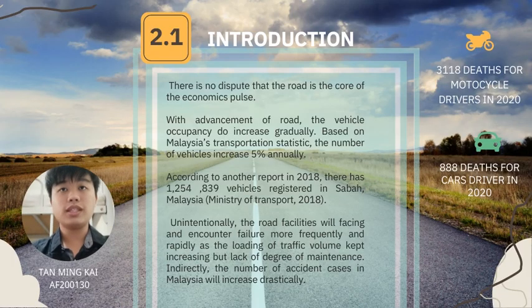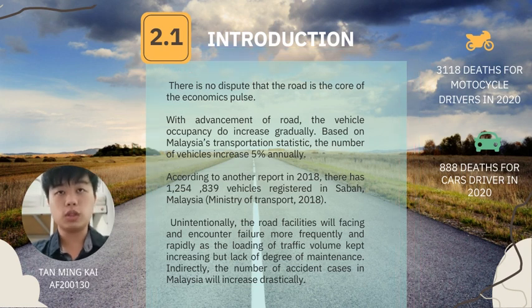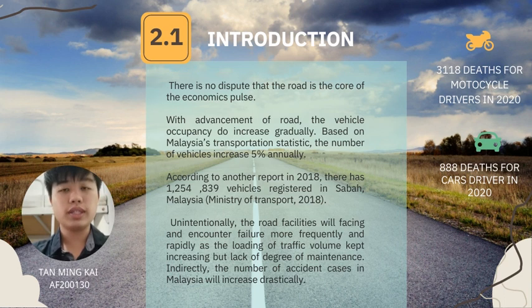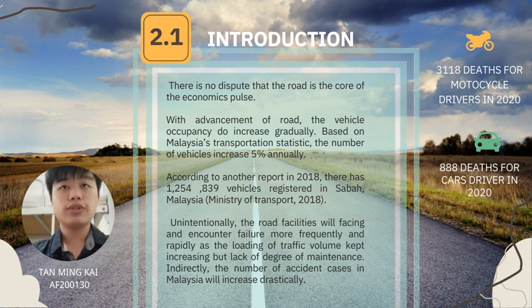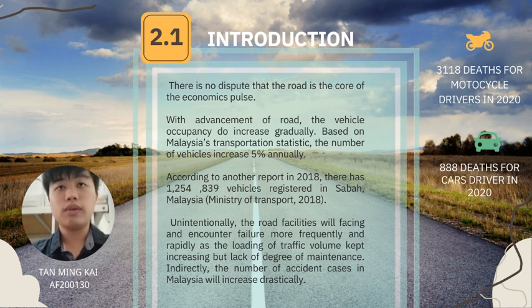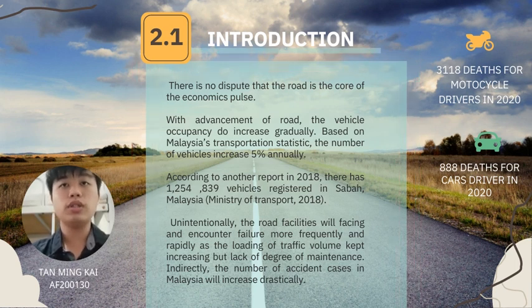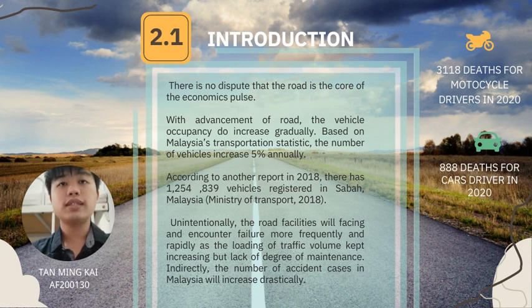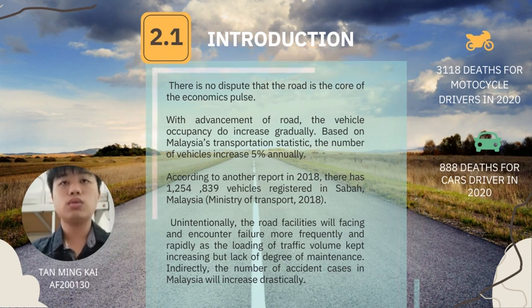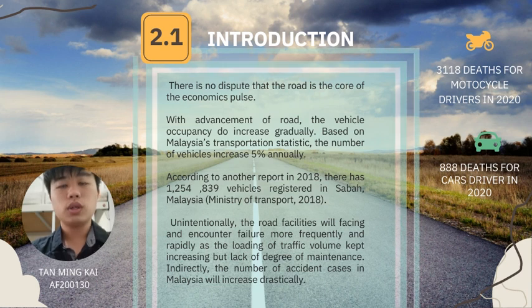There is no dispute that the road is the core of the economic pulse. With the advancement of roads, vehicle ownership increases gradually. Based on Malaysia transportation statistics, the number of vehicles increases 5% annually. According to another report in 2018, there were 1,254,839 vehicles registered in Sabah, Malaysia, according to the Ministry of Transportation.